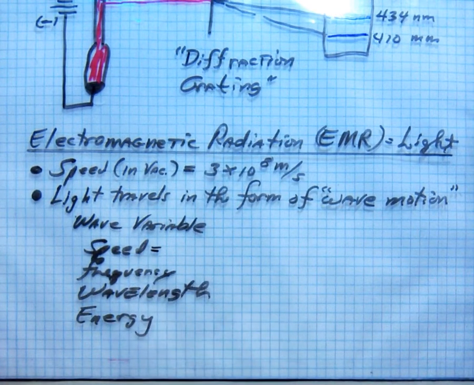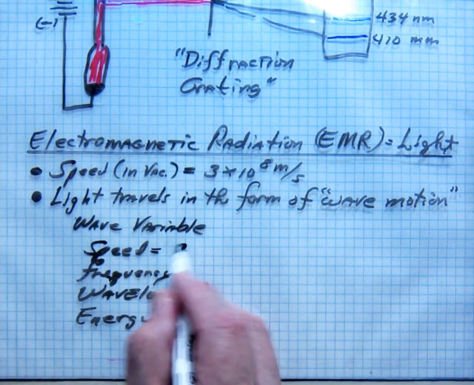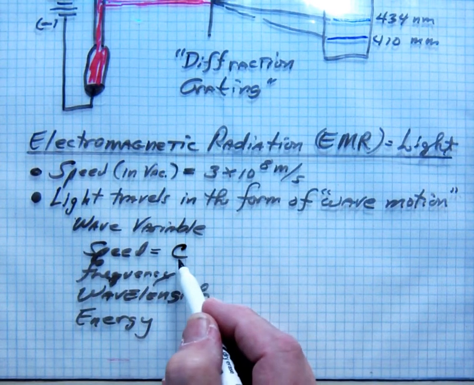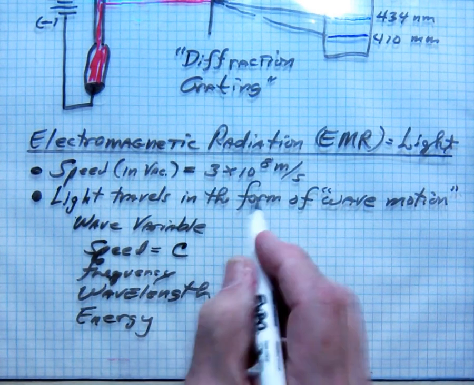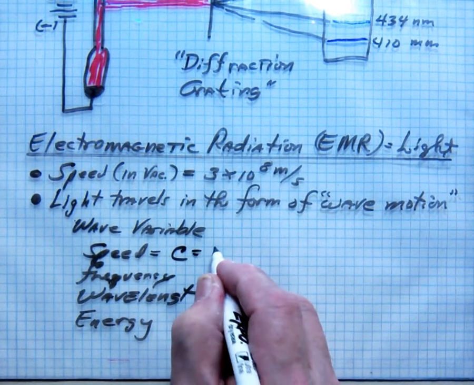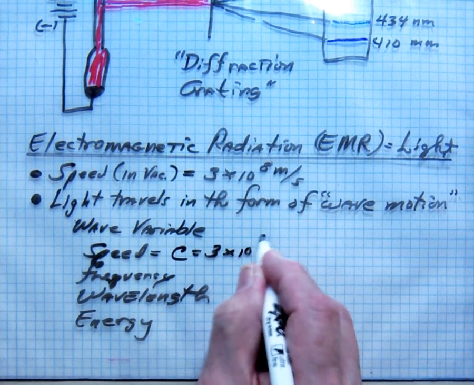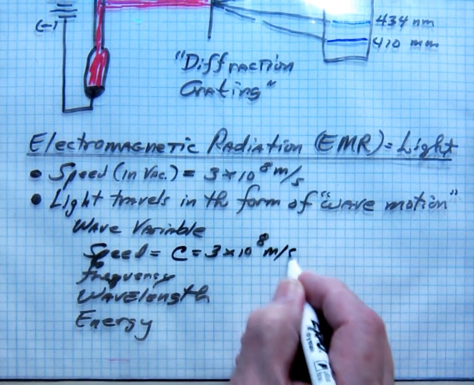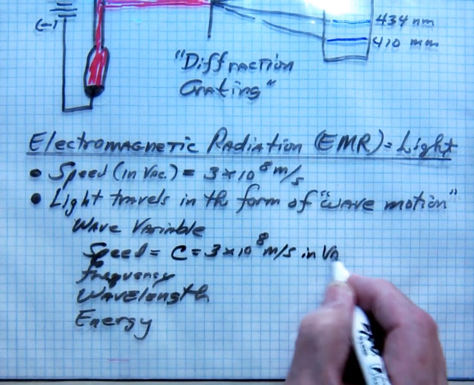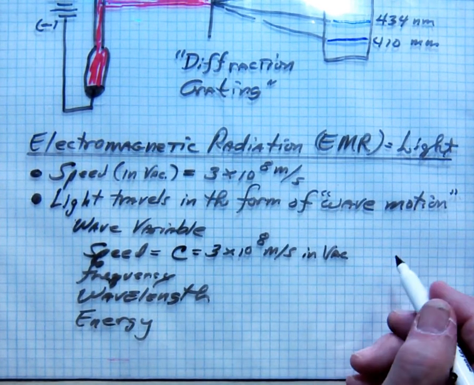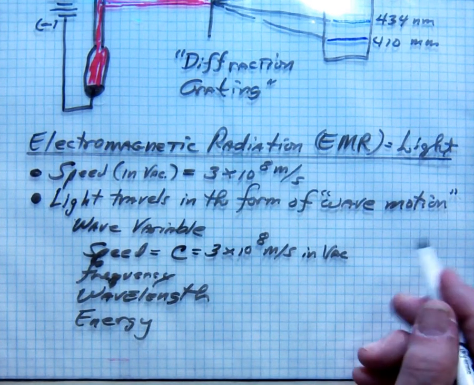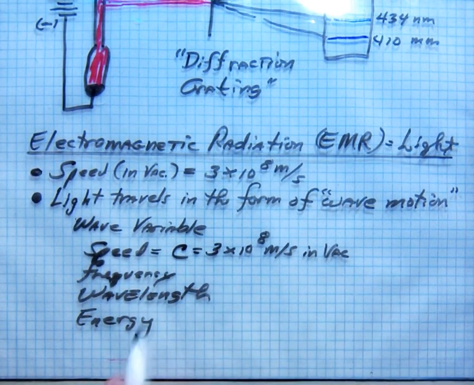Speed is only going to be one speed, and that's the speed of light. Speed of light is represented by the symbol lowercase c, and is equal to 3 times 10 to the 8th meters per second in vacuum, as I mentioned earlier. That's all I need to know about that.